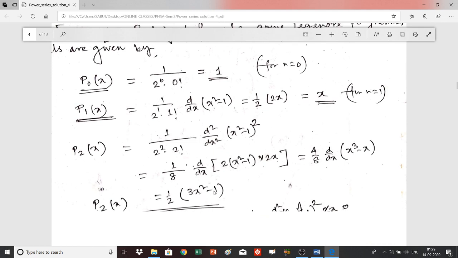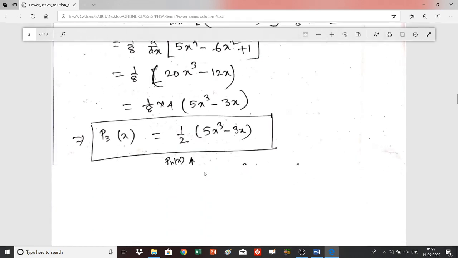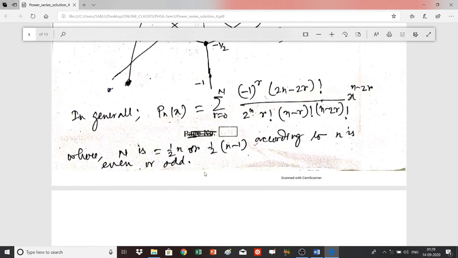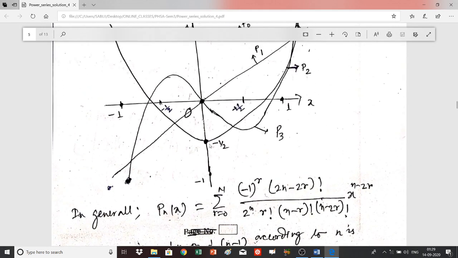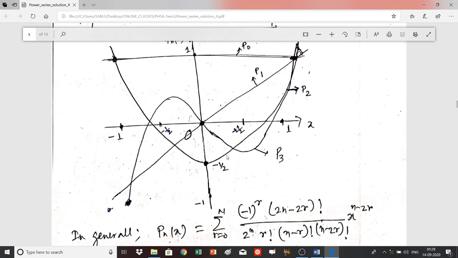If you use x equal to 0, what will you get? P2(x) will not be half but minus half, because the second term was minus 1. So at x equal to 0, P2(x) is minus half.